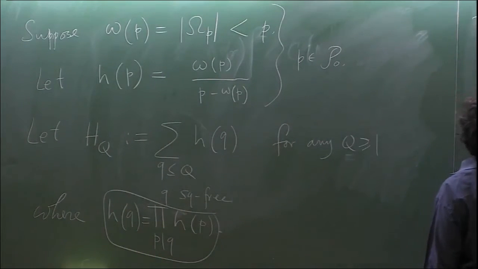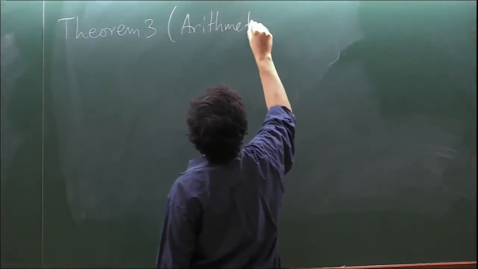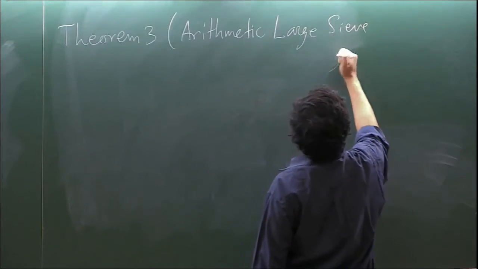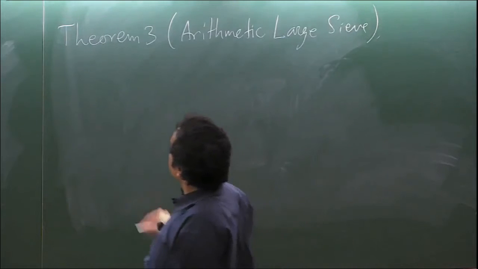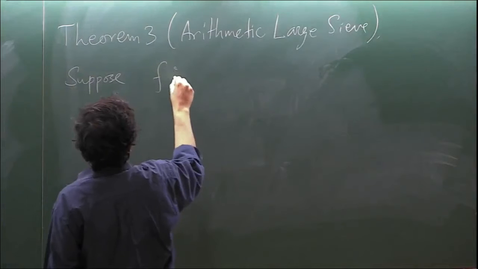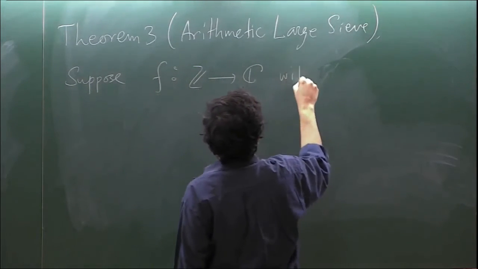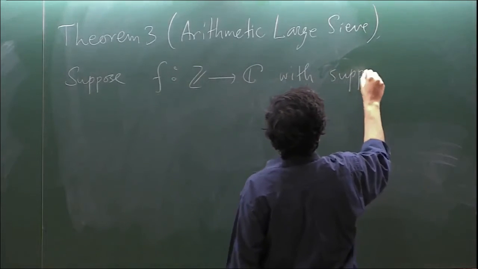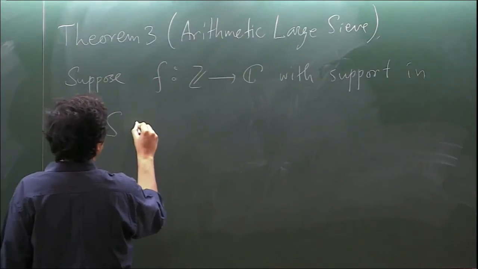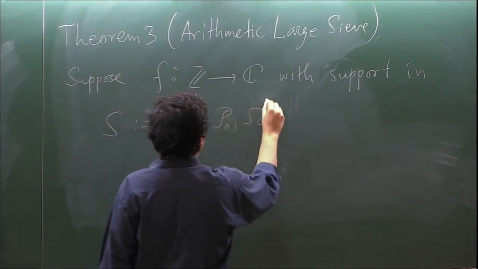Theorem 3. This is the arithmetic large sieve. Suppose f is a sequence from Z to C with support in the set S, which is just a shorthand for S A P naught omega.